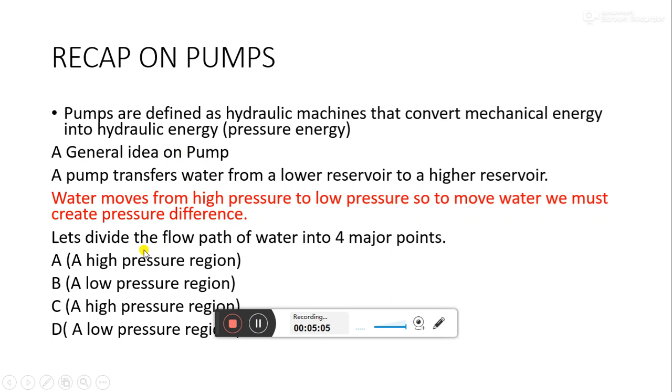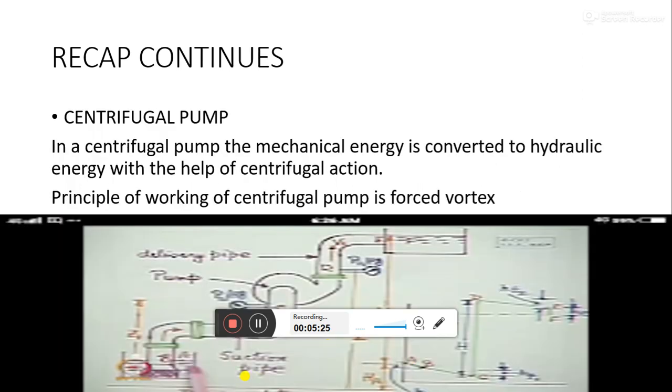So let's divide the flow path of water into four major parts. What are those? Point A, which is a high pressure region, then point B, a low pressure region, then point C, a high pressure region, and point D, a low pressure region. So let's look at these four points in this diagram.